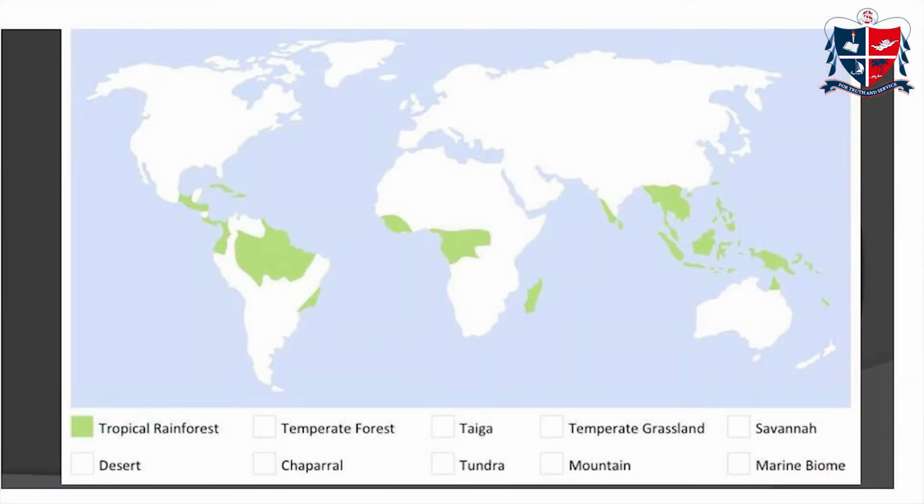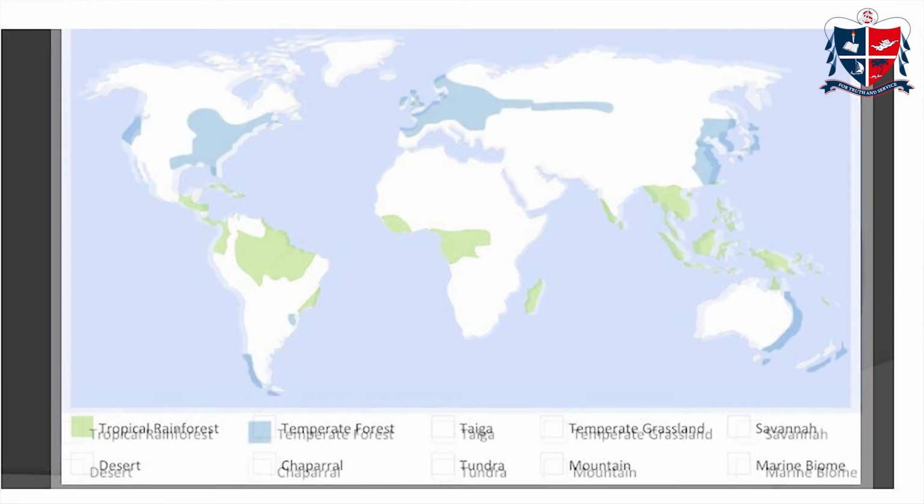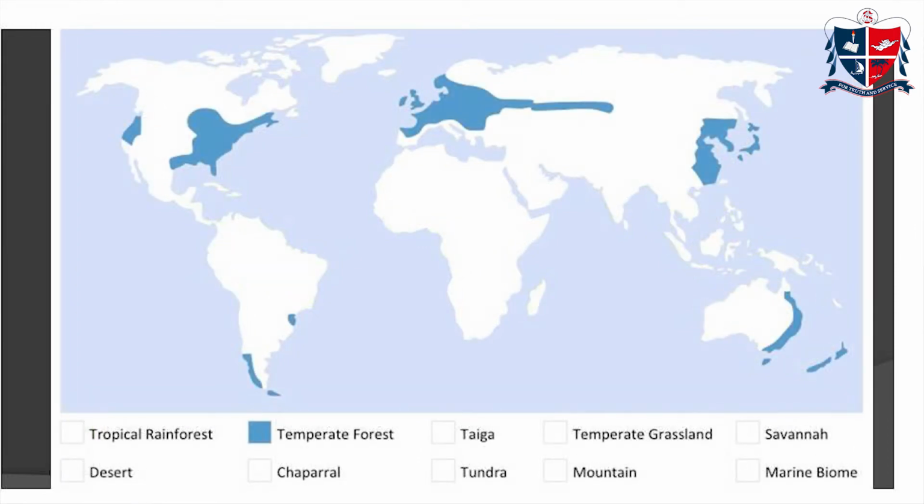So as I have explained earlier, these are the tropical rainforests. We can see that these all form in the equatorial region, where we have warm air which is rising upwards, creating a lot of clouds and resulting in a lot of rain. Similar to that, something happens around 60 degrees north and south, where we have a temperate forest.